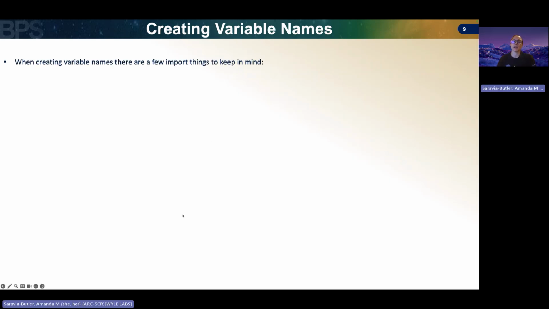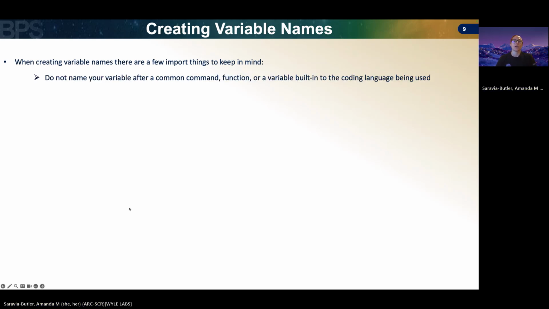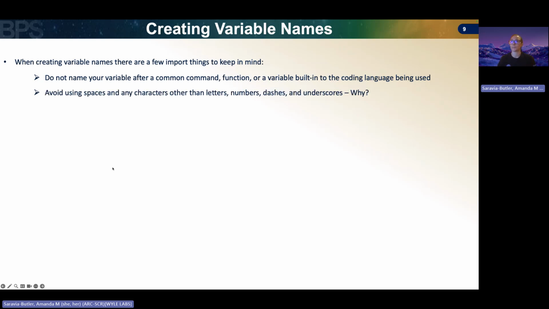So a little bit more on creating variable names. When you're creating variable names, there are a few important things to keep in mind. You do not want to name your variable after a common command, function, or a variable built into the coding language being used, because of course that name is already in use in that program.